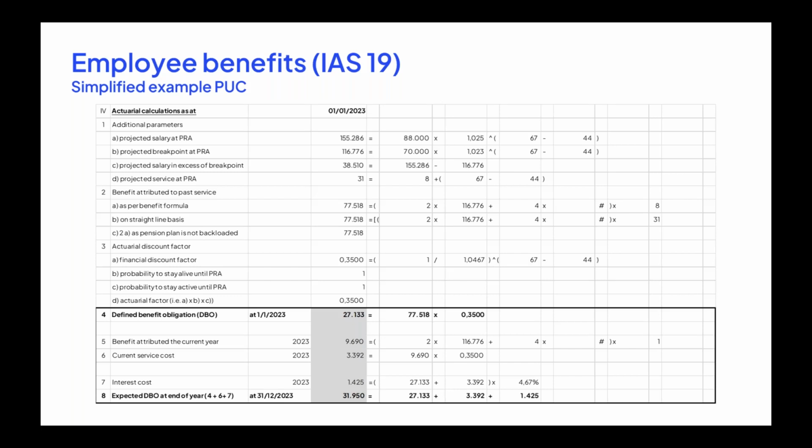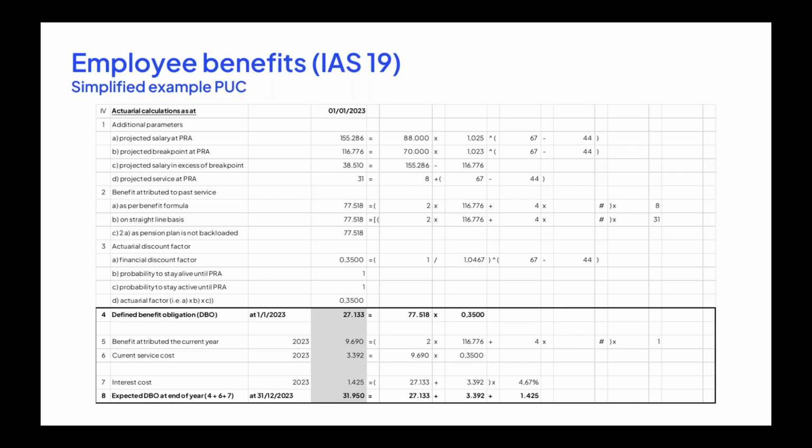Okay, so let's start now with some calculations. What has the person already earned? I already performed 8 years of service in that case. So I will calculate the formula, only considering the A as per benefit formula.